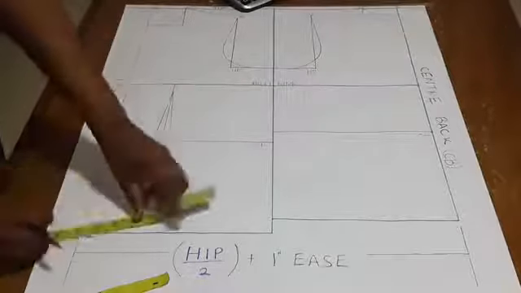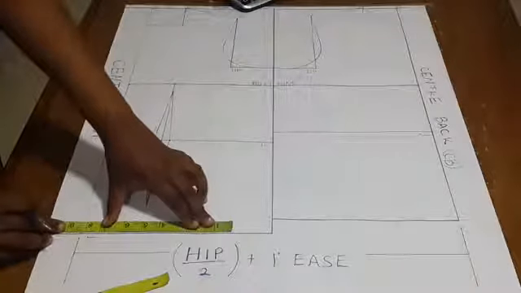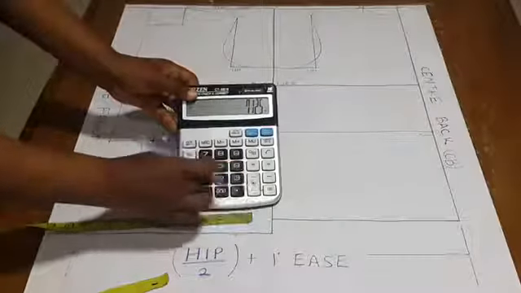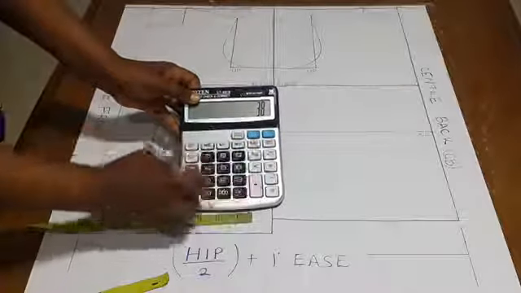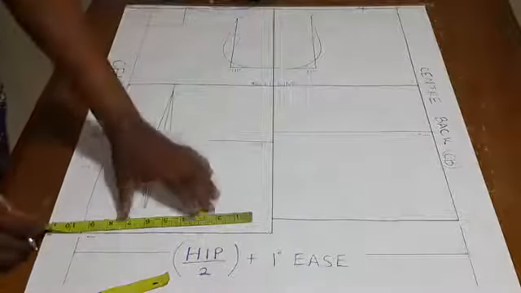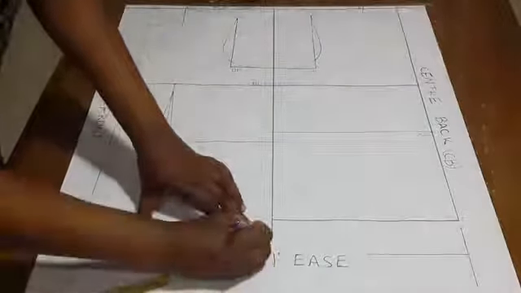Next, I'm going to put my round upper hip measurement, which is 38 divided by 4. So 38 divided by 4 gives us 9.5. So we come here and we input the 9.5.